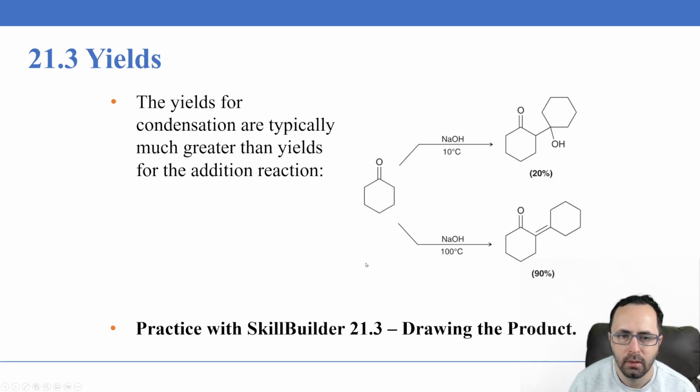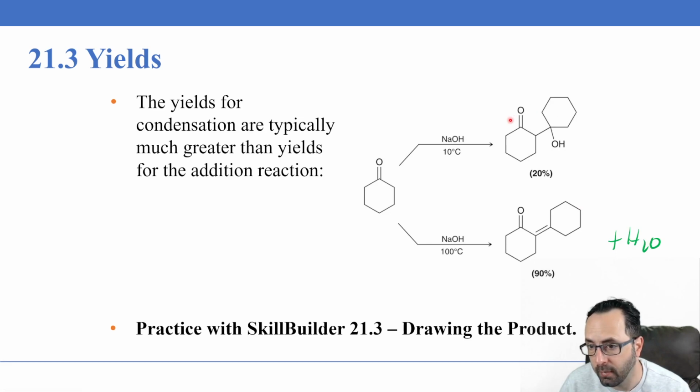The yields for the condensation are generally greater than that for the addition reaction. And it's really because the formation of this more thermodynamically stable product drives this reaction forward to completion. You have just basically a more spontaneous reaction due to the favored entropy, because you end up producing two molecules instead of one.